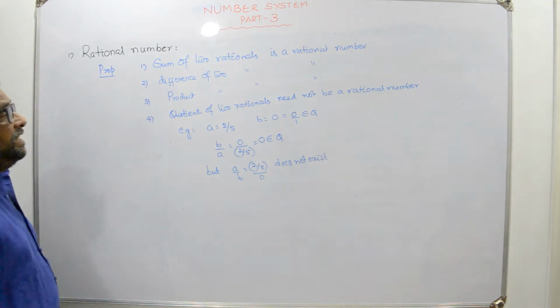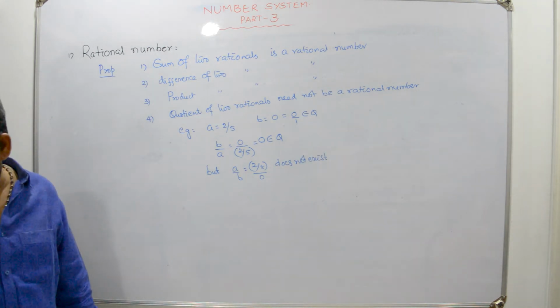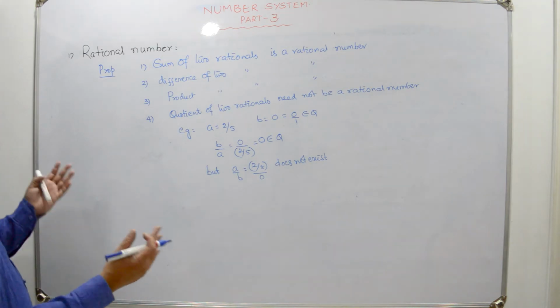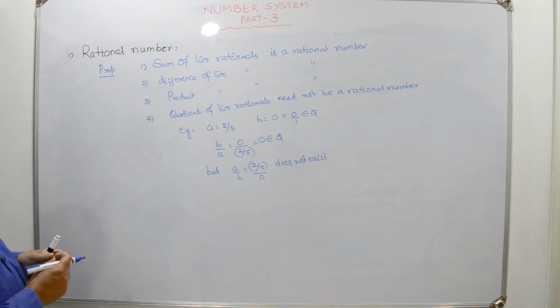So it is not necessarily a rational number. So this is about the properties. So here we will come to a conclusion that the largest set is the rational number set. We will see later some more.